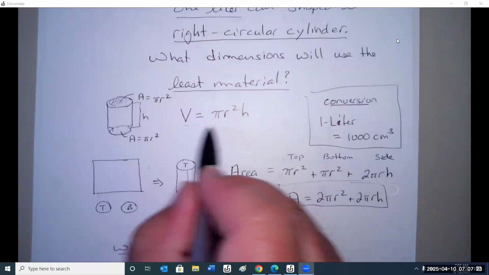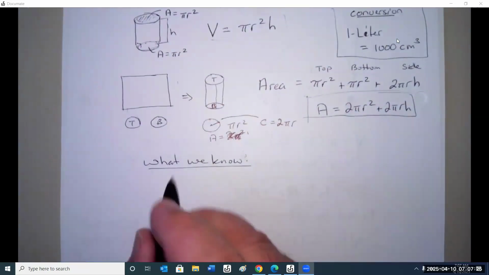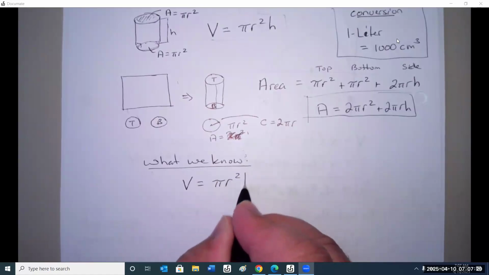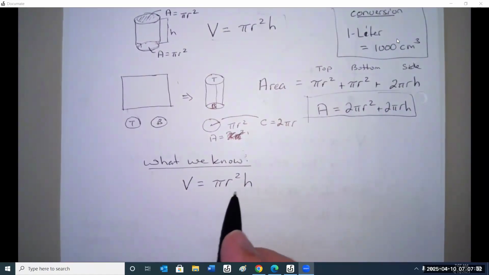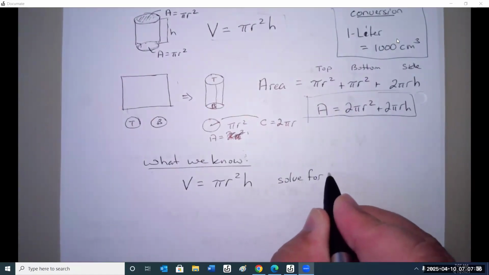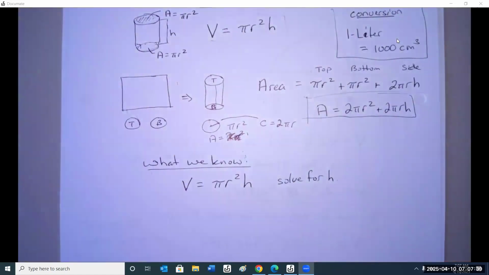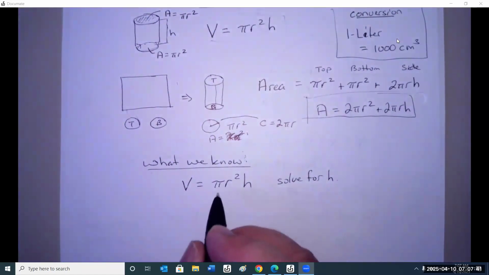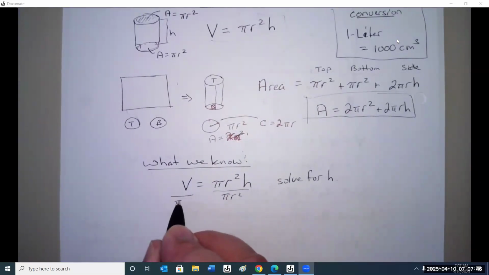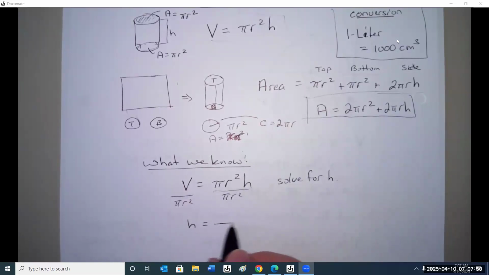And that's where we use this. We know the volume is pi r squared h. So we have to take this equation and solve for h. So I divide both sides by pi r squared. So h is equal to the volume over pi r squared. That's our h formula.